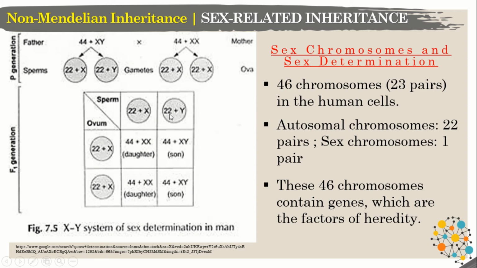Pagdating dito, 22, 22, 44, you have X, then you have Y. That's why you have XY. And then dun sa isa rin, 22, 22, you have 44. Then we have X and Y. That's why nagkakaroon tayo ng kapatid na lalaki.